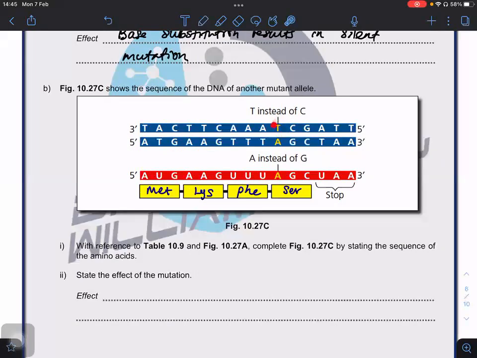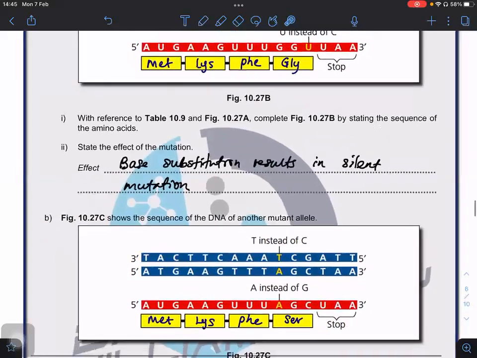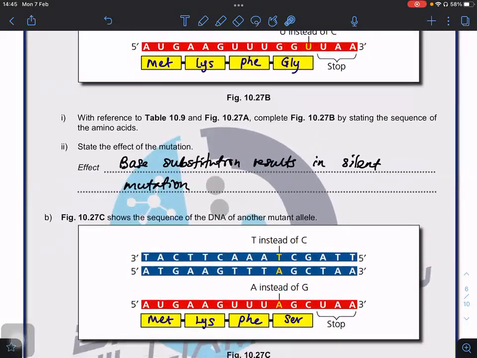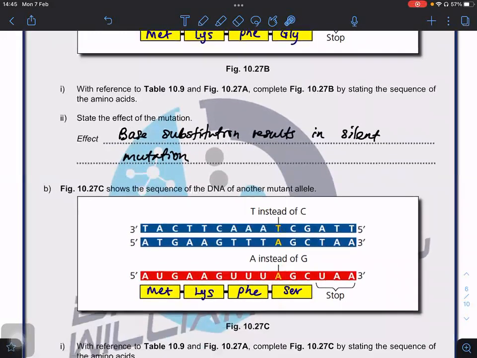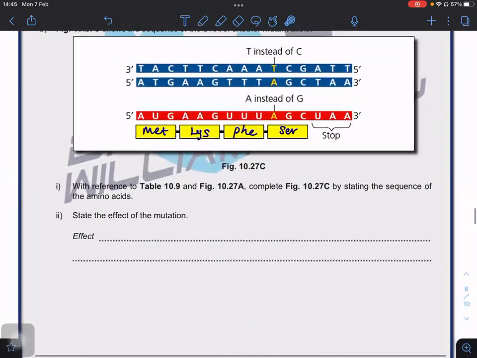Instead of C, we have T. Now, if you check back the DNA triplets in the notes, 10.3, triplet code table, then you realize that TCG codes for serine. So if you compare, the original is glycine, now serine, but the length still remains the same, correct or not? When the length still remains the same, it means that we have an exchange of one amino acid. This one is termed a missense mutation.